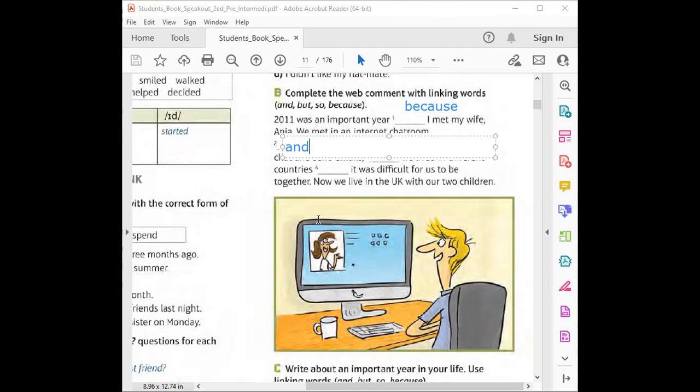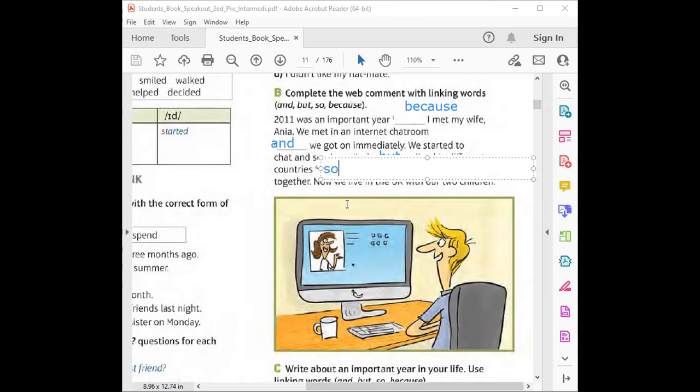We started to chat and send emails. Continue, Leila, please. We started to chat and send emails, but we lived in different countries, so it was difficult for us to be together. Now we live in the UK with our 2 children.